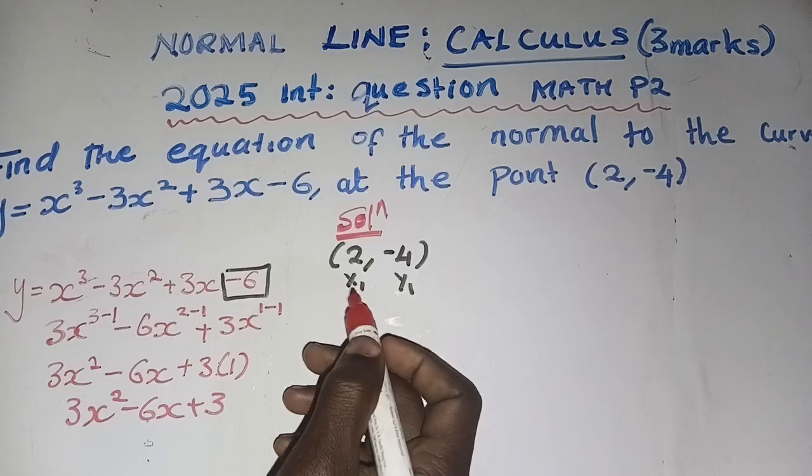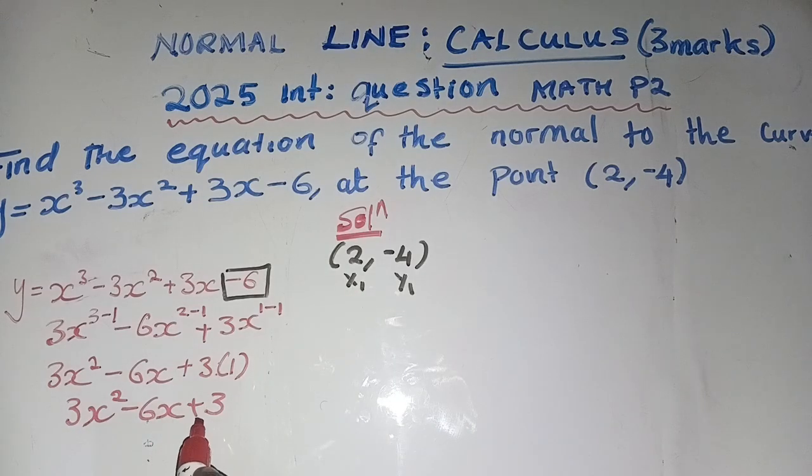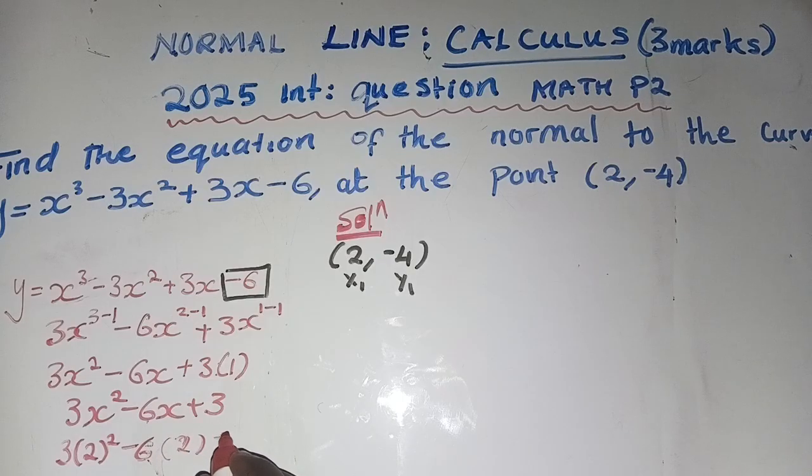Now what are we going to do exactly? Where there is the value of x here, we replace it with 2. So we say 3 times 2 to the power 2, then minus 6 times 2, then plus 3 as usual.